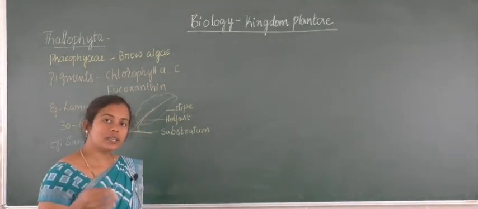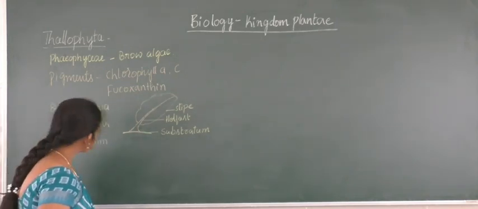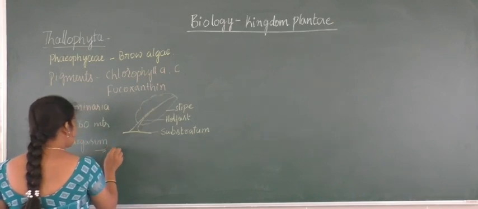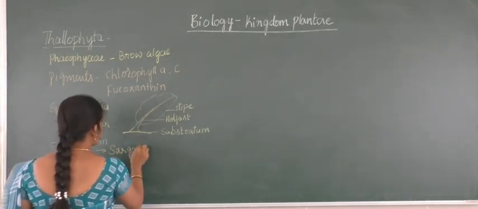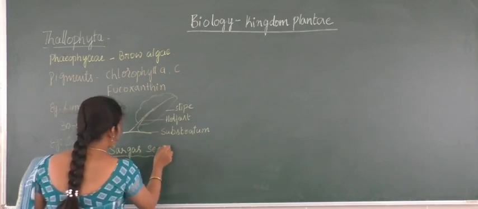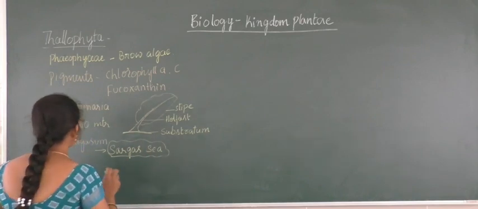So that's why the region of sea where Sargassum is present abundantly is called the Sargasso Sea, and this is marked very particularly and no ship is allowed in this region.